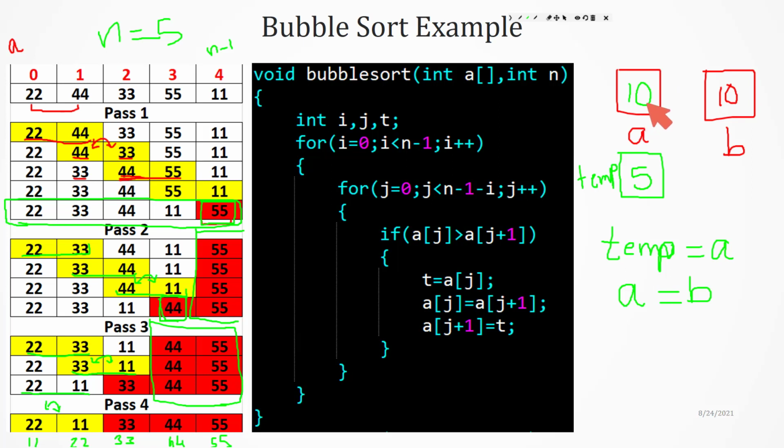Before updating, I have stored that in a temporary variable. So I will write B equal to temp. Temp contains 5, so that 5 will be stored in B. Now the values are exchanged.